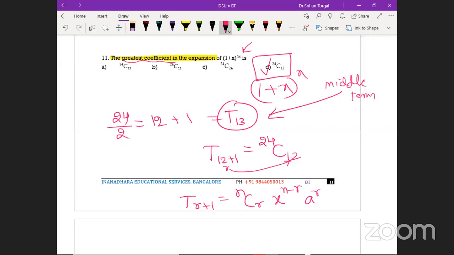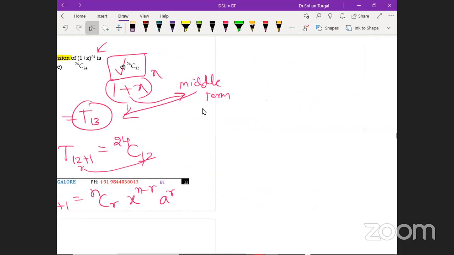So always for this term, the middle term will be the greatest coefficient, right? Because you can see here when you expand this, binomial coefficients 1, 1, 1, 1, 2, 1, see here, middle term is the biggest, 1, 3, 3, 1. Middle terms are biggest. 1, 4, 6, 4, 1.